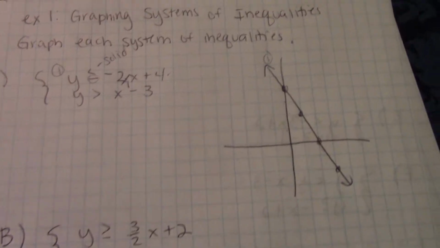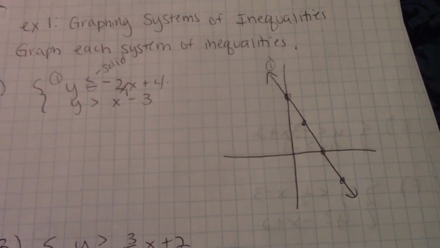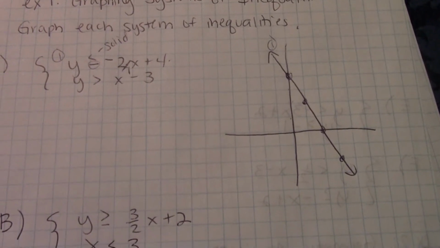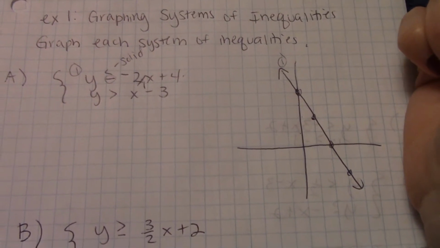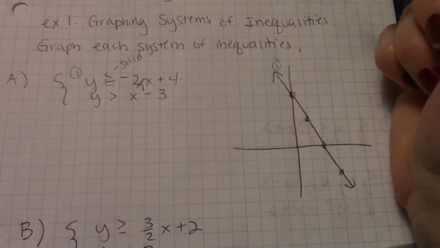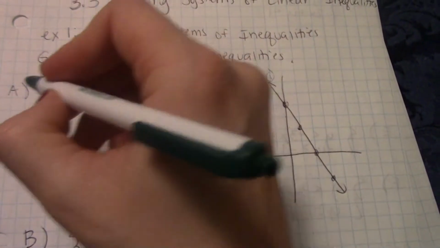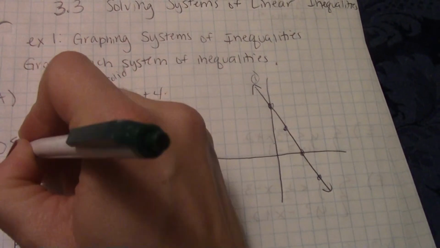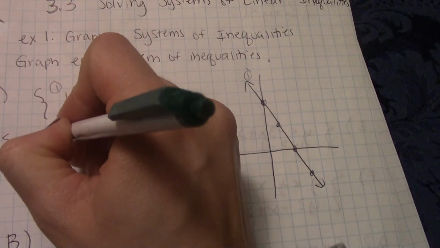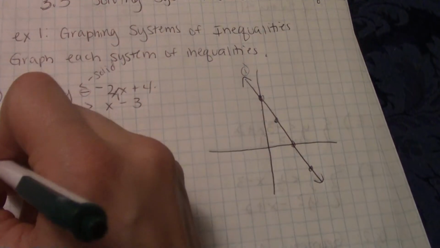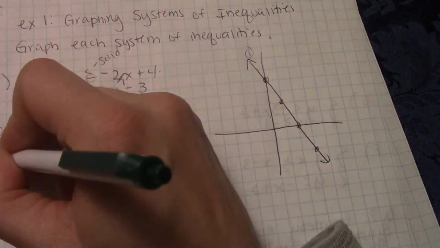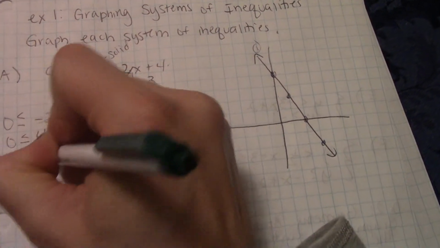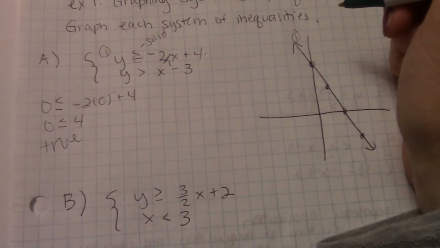Okay, we need to figure out if we are going to shade above or below. So remember, this is where we plug in our 0, 0, our test point if we need to. Okay, so 0 is less than or equal to negative 2 times 0 plus 4. 0 is less than, this goes away, so 4. 0 less than 4, that is true.